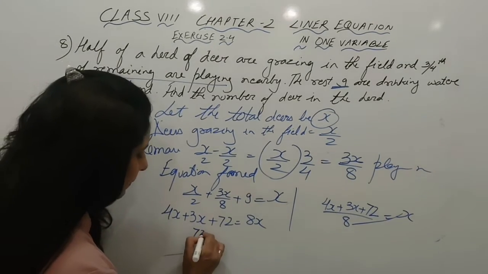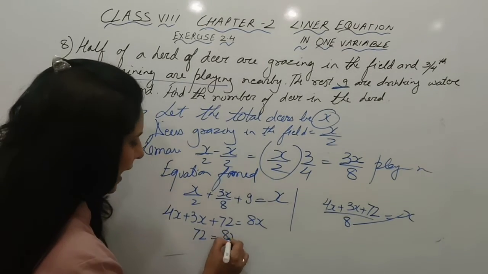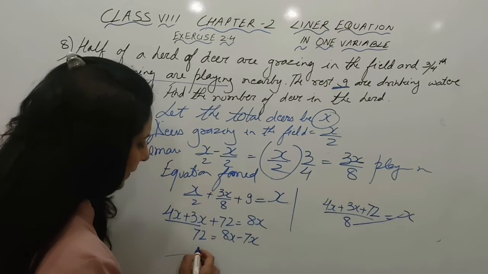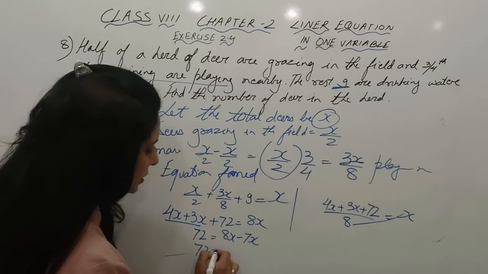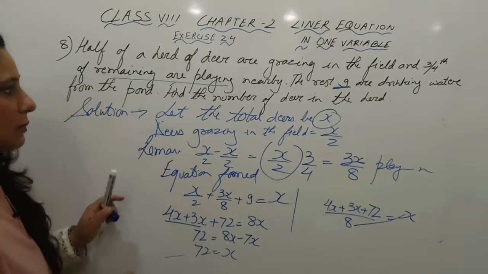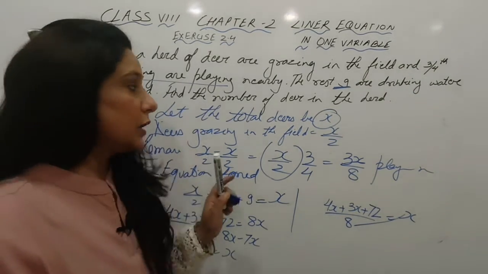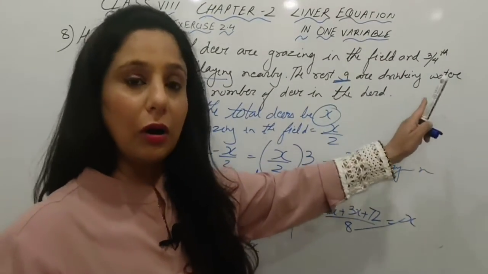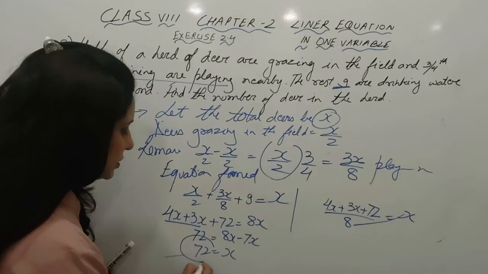So we will place this 72 here and 4x plus 3x will be transposed here and it will become this. So 72 is equal to x. That means the final answer is, therefore the total number of deer in the herd is 72.